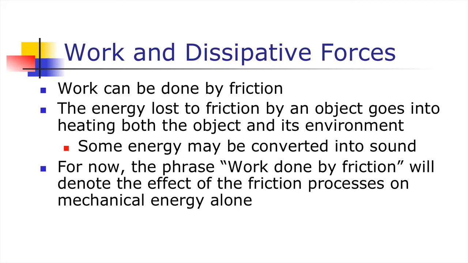The problem states: a crate is pulled a distance of 4 meters across the floor under the influence of a 50 Newton force applied by a rope on the crate. What is the work done by the 50 Newton force if the rope is horizontal, parallel to the floor? And if the rope pulls at an angle to the floor so that the horizontal component of the 50 Newton force is 30?